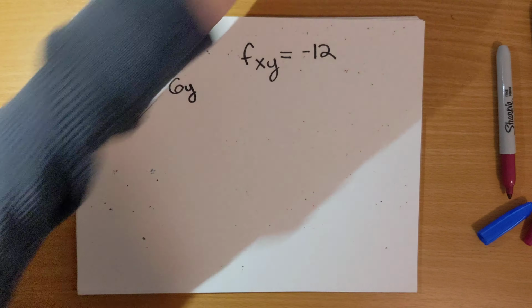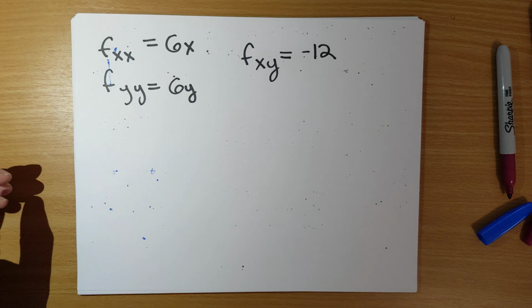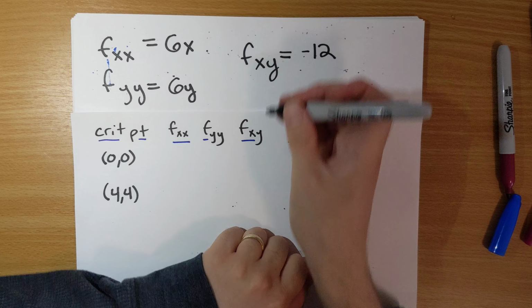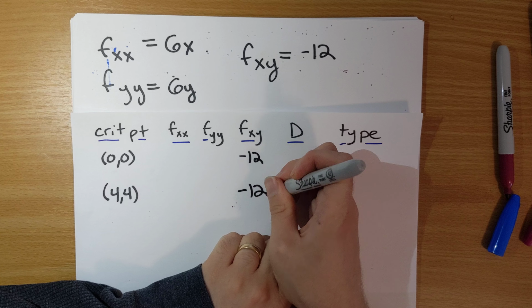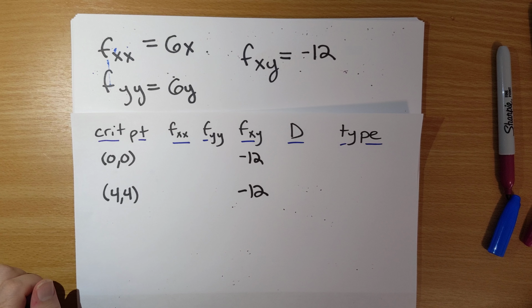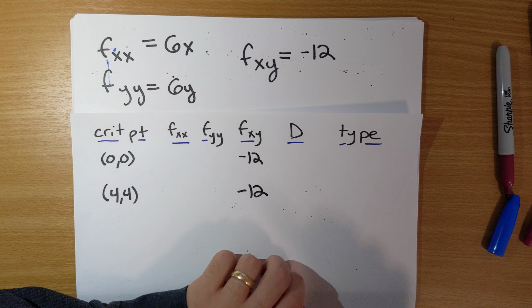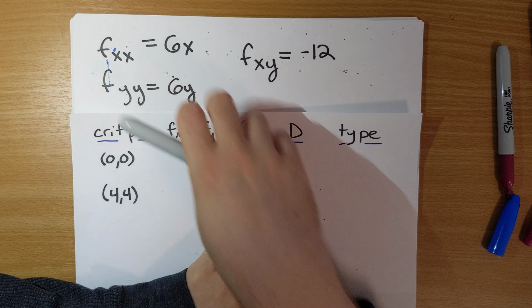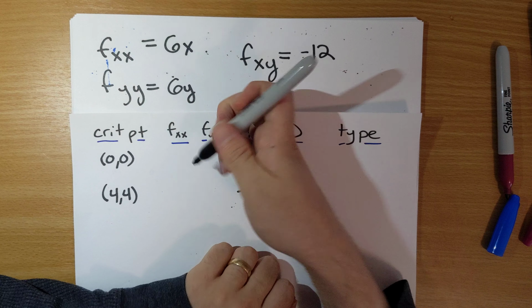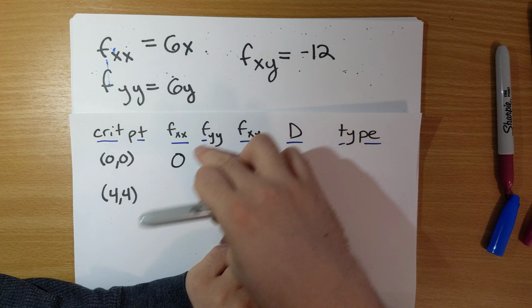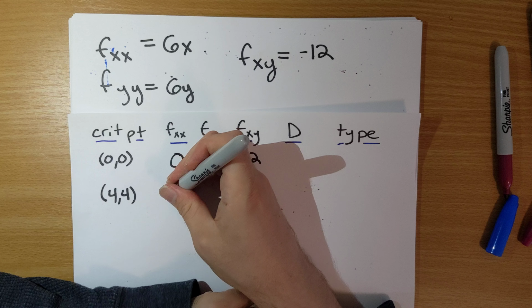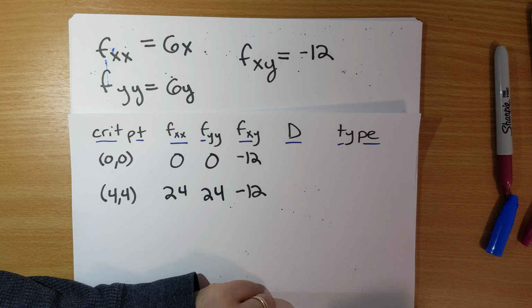Okay, so now working with this table here, what do we have? f sub xy, that's a constant. That's always going to be negative 12 regardless of what critical point we're dealing with. f sub xx, we plug in (0, 0), we get 0. f sub yy at (0, 0), we get 0. And then plugging in x and y equal to 4 will give us 24 in both of those cases.